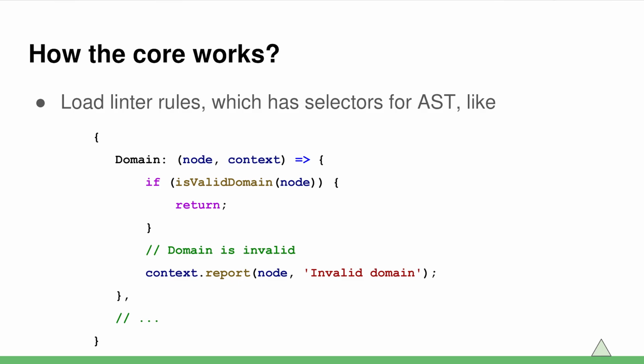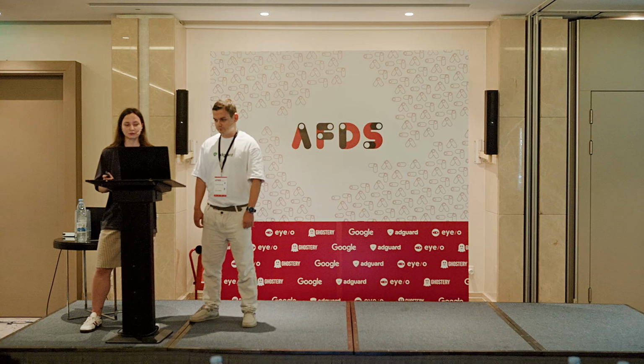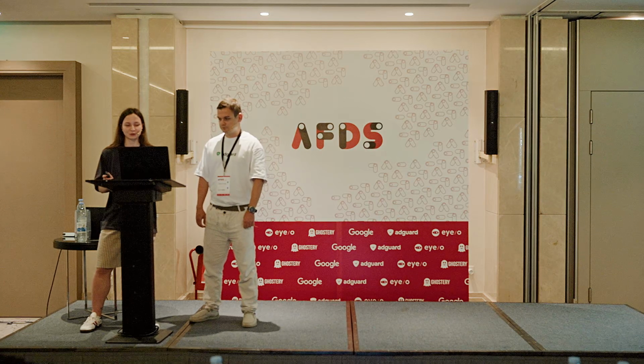When we reach a domain node, its value, the domain, is validated by a function. If the function deems the domain invalid, the linter rule reports the issue back to the core. Otherwise, if everything is fine, we simply continue processing.